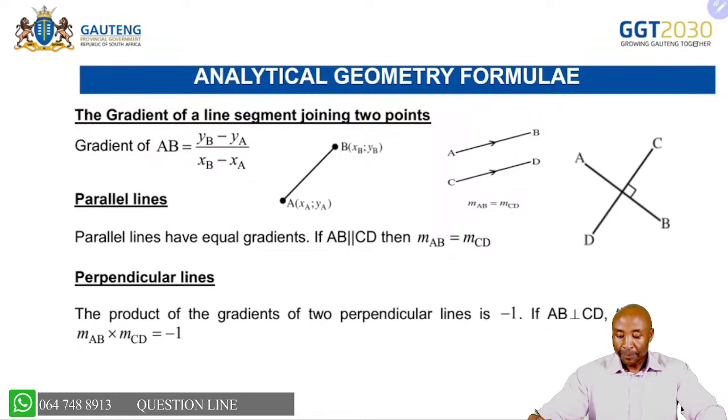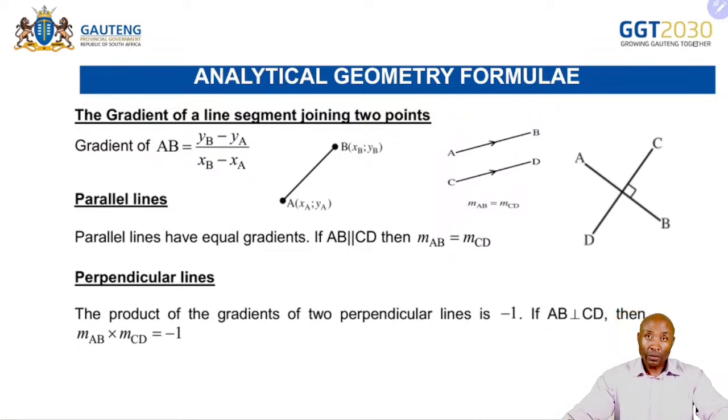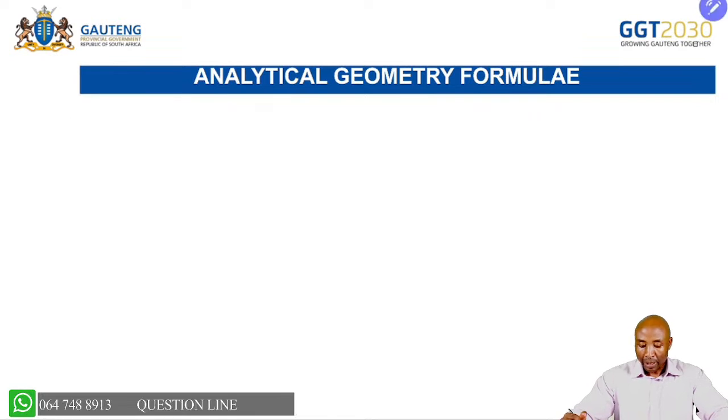This question is asked a lot, and sometimes we fail to answer it correctly, and in the process we lose marks, but we will discuss as we answer the questions. So we have talked about perpendicular lines. The product of the gradients must give us -1, and we are aware of that one.